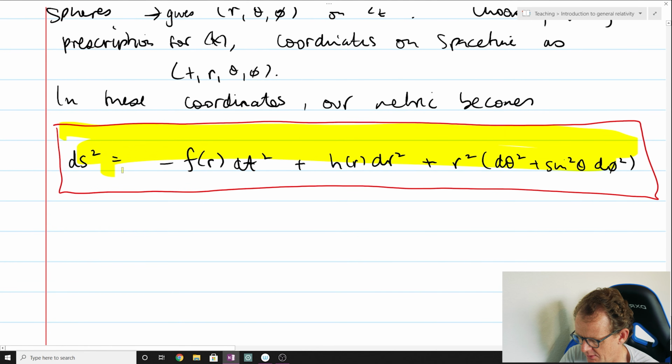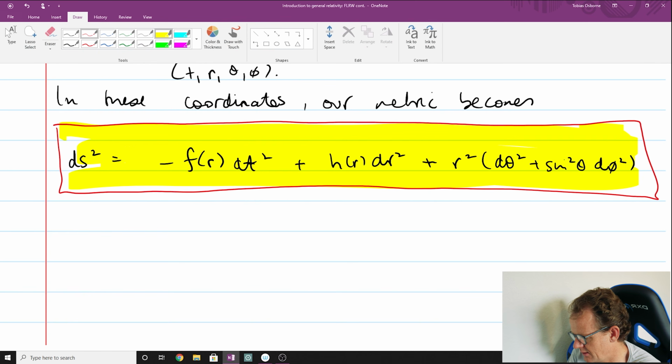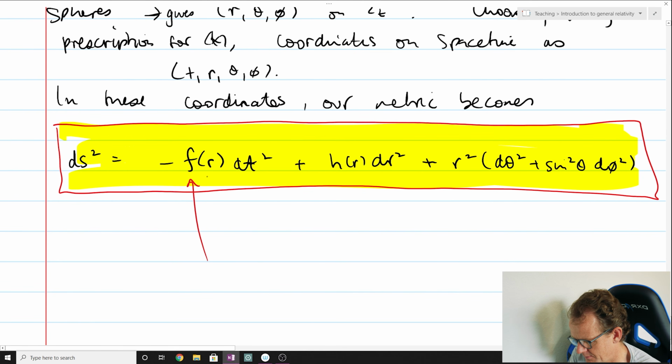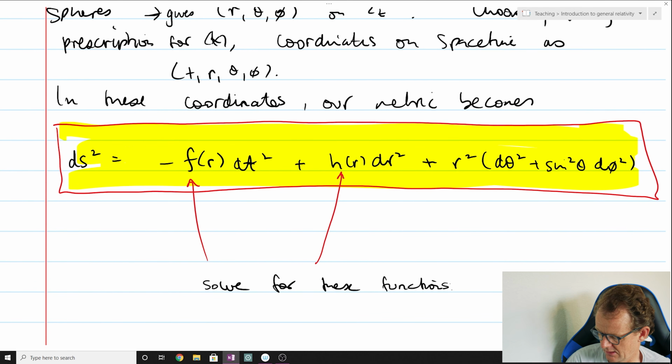If you like, you can summarize this lecture as saying, we hereby assume that the metric has this form written there. The goal in the coming lectures is to substitute this form of the metric into the vacuum Einstein's field equations and to solve for these functions f and h. That's the only degree of freedom left over in this metric.